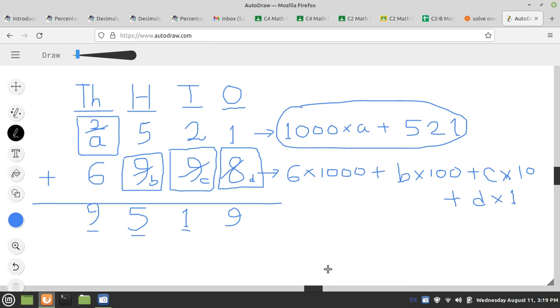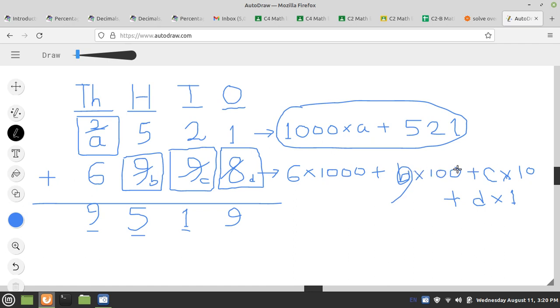Okay, so just think that, please don't get confused with the letters A, B, C, D. They are just representative of digits. So for example, we know that B is 9. So if you replace B with 9, for example, what will you get? 9 times 100, 900.